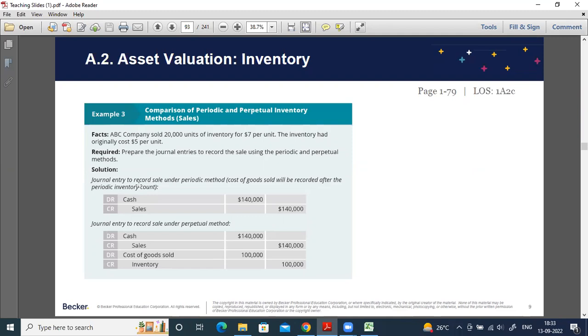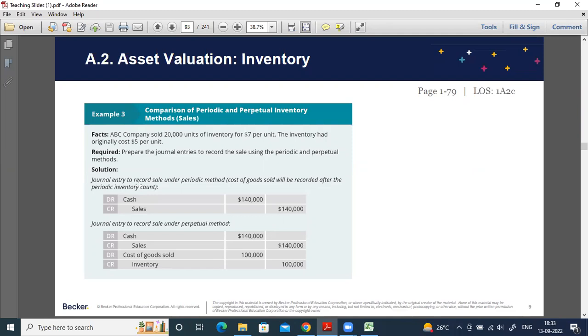But interestingly, when you see this perpetual method, yes, cash to sales, the entry for sales, but here try to understand the cost of goods sold. Now you might have observed the difference. Cash to sales in case of periodic method, but in case of perpetual method, we sold the goods and we wrote an entry for cash to sales. But when it comes to the cost of goods sold, in case of perpetual method, we always need to consider the original cost per unit.